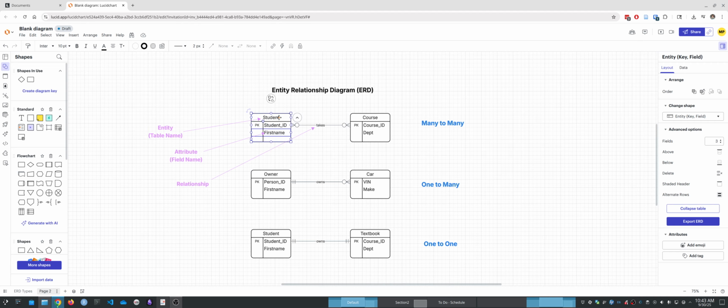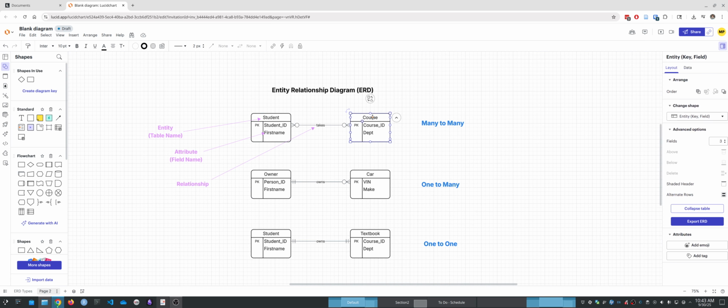In this case, student has two fields or attributes: student ID, which is the primary key, and first name. Of course, there's going to be lots of other attributes that we might store under student. Course has two attributes: course ID, which is the primary key, and department.